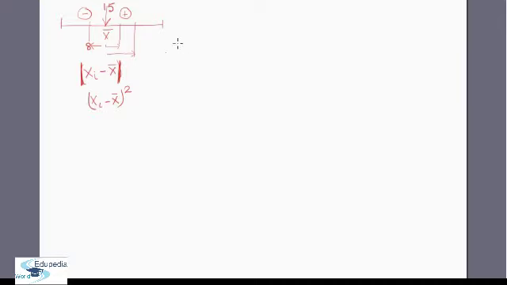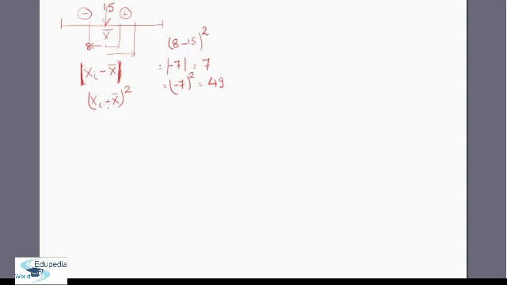Now when we take the deviation, it would be 8 minus 15, which would be minus 7. Now if we take the mod of this, we will get 7, the positive value. And in case we take the square of this, it would be plus 49. So we have a positive value.